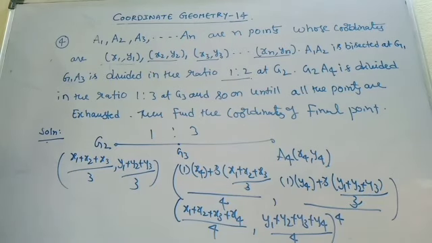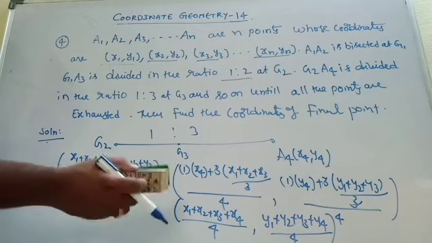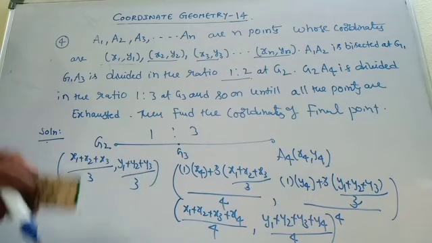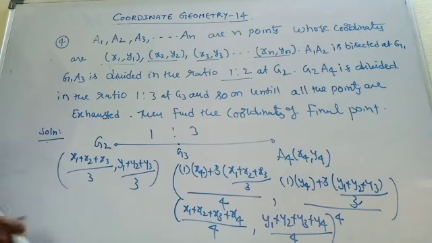Fine. G3 and so on until all the points are exhausted, right? Then they are asking for the final point. If you proceed in this way, my dear students, you can guess that it is (x1 plus x2 plus x3 plus x4 plus so on up to xn) by n, comma (y1 plus y2 plus y3 plus y4 plus so on up to yn) by n.